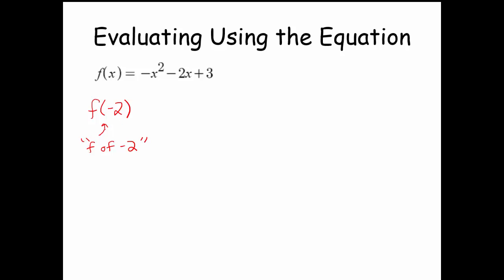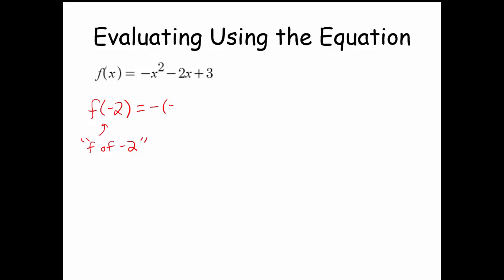Negative 2 is our input, and then the function f is going to output a number based on our rule. I'm going to replace every x that I see with a negative 2. So instead of writing negative x squared minus 2x plus 3, I'm going to write negative 2 squared minus 2 times negative 2 plus 3.